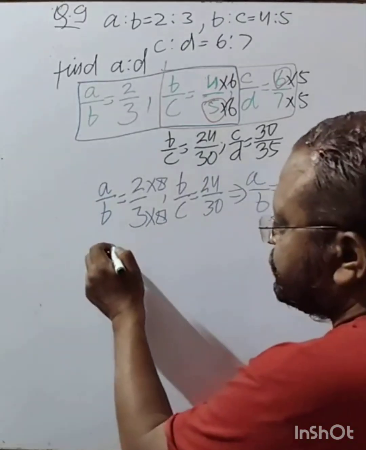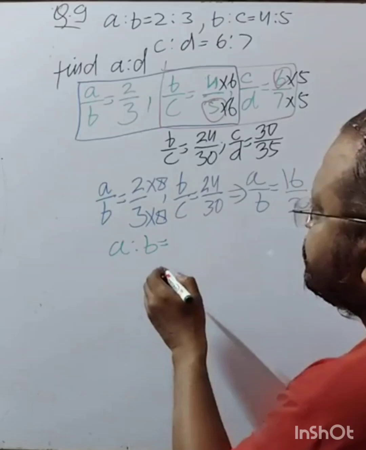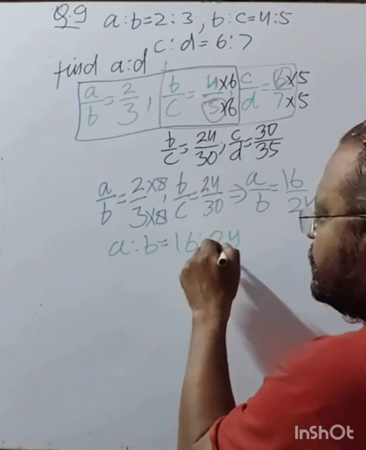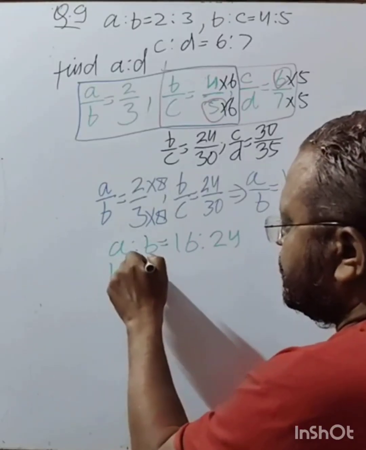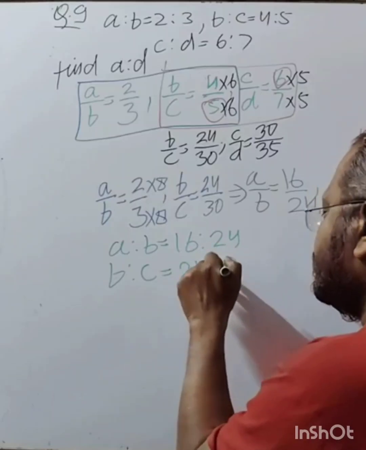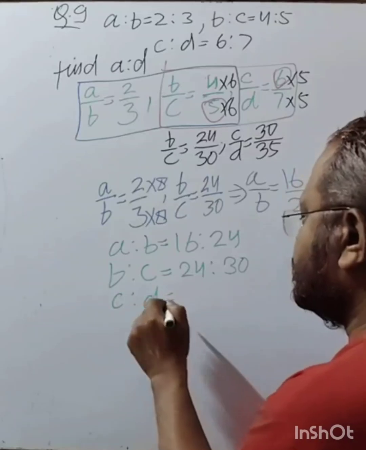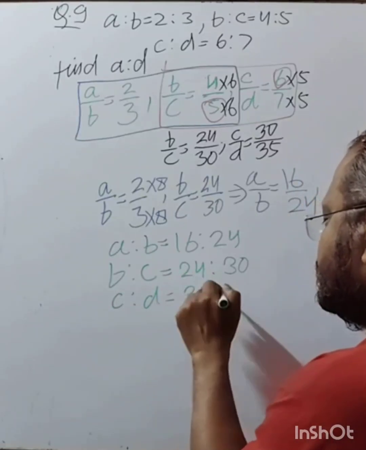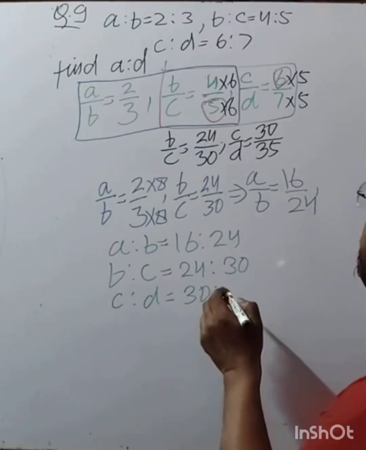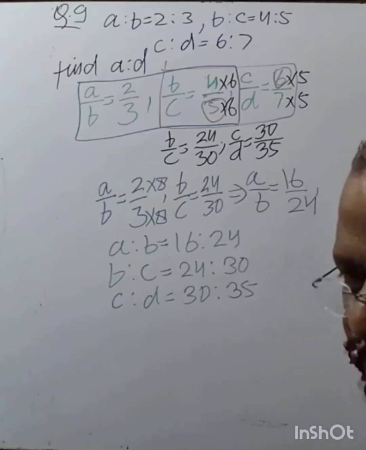So now we have A ratio B is 16 to 24, B ratio C is equal to 24 upon 30, and C ratio D is 30 ratio 35, right?